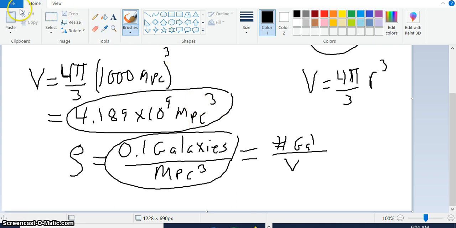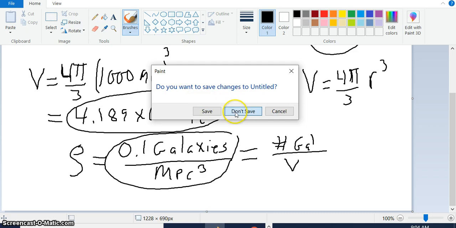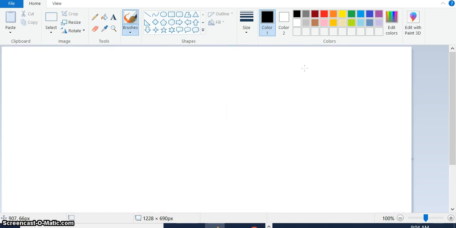Let me get some more room here so that we can see what I'm doing. All right, I'm just solving this for the number of galaxies. The number of galaxies is the density of 0.1 times the mass of the Milky Way. Essentially, we're just going to do it in terms of masses of the Milky Way.